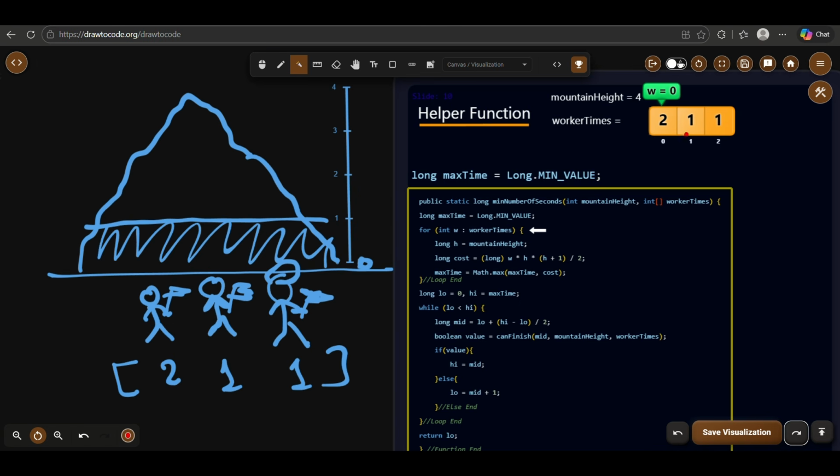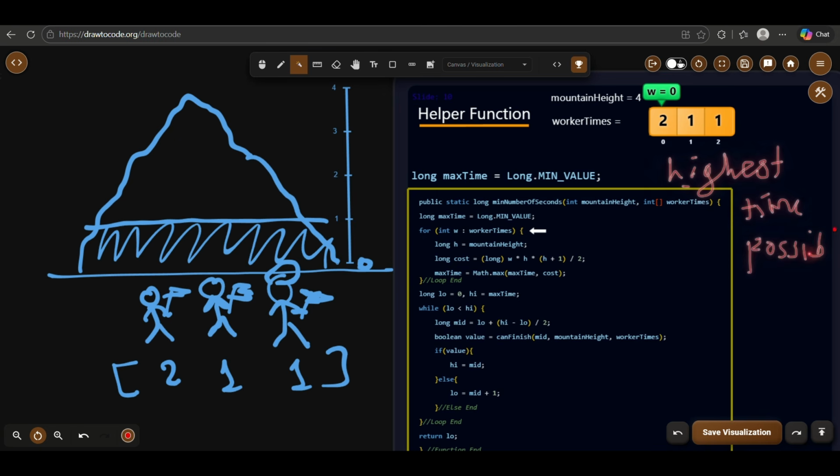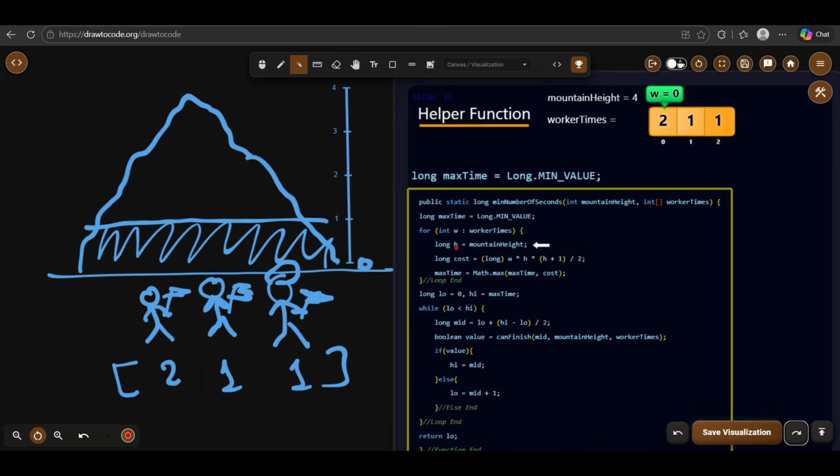Next we will iterate through the worker times and find, as we have found this is insufficient, the maximum time taken by this worker, which will be the highest time possible to chop the mountain to height 0. So let's see, we are iterating through this loop. We have h as the mountain height, which is 4 here.